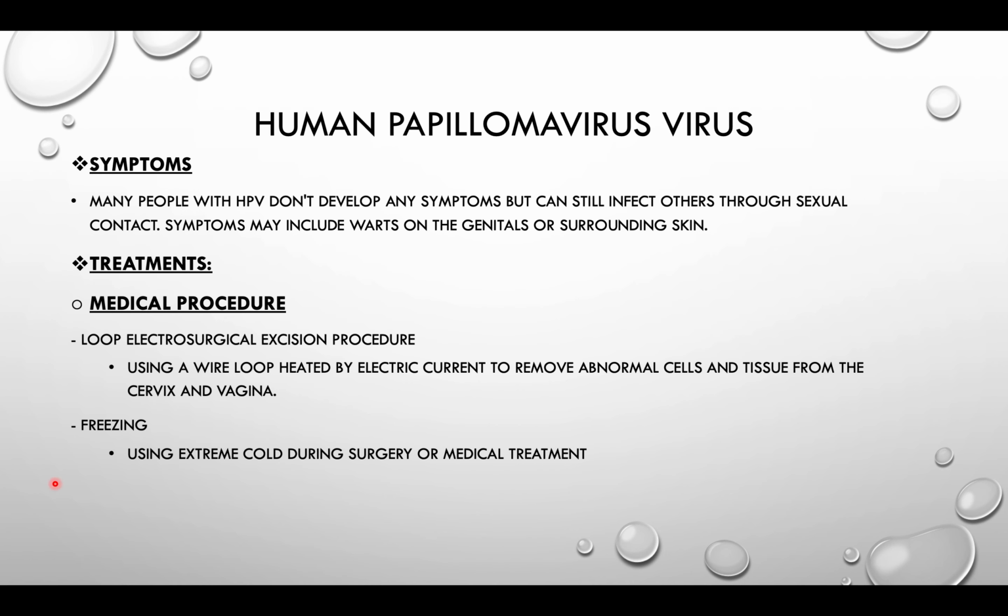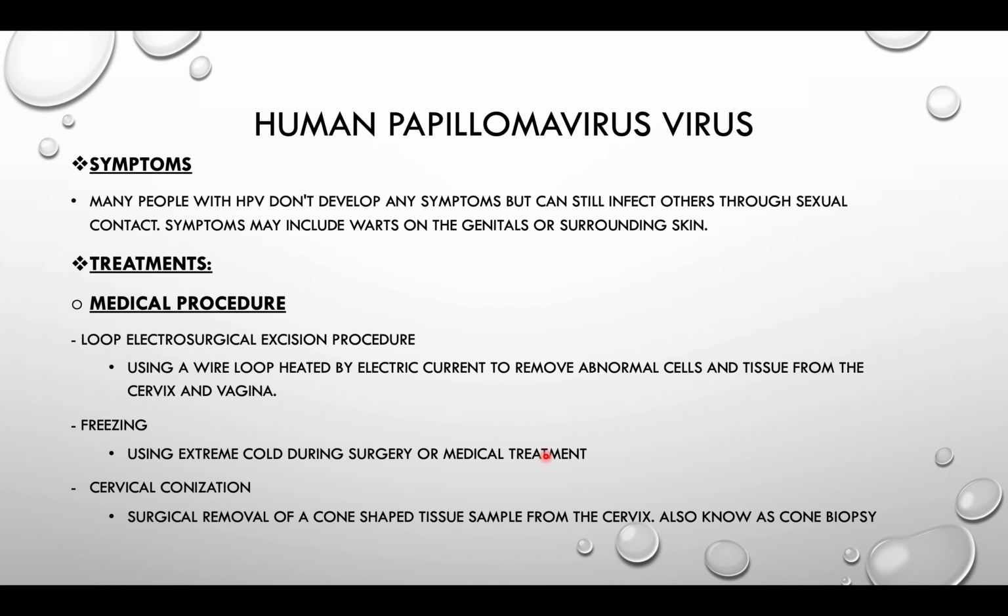The second thing is freezing, using extreme cold during surgery or medical treatment. So they will use something freezing, like a freezing material, to freeze them so they don't start growing. Then there's a cervical conization.